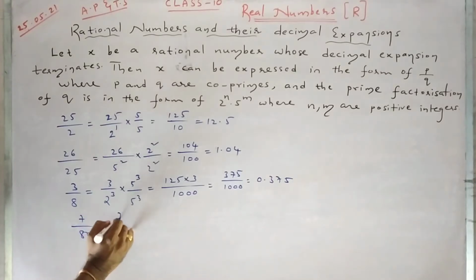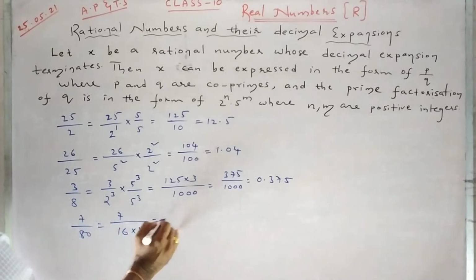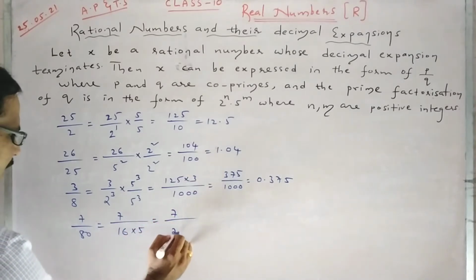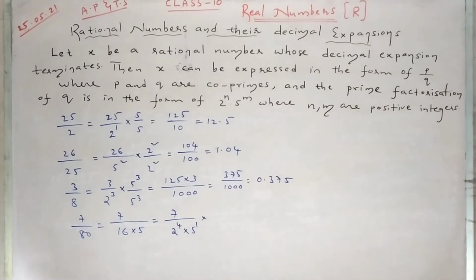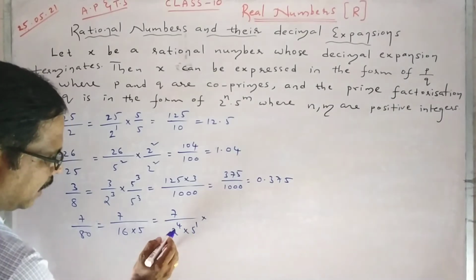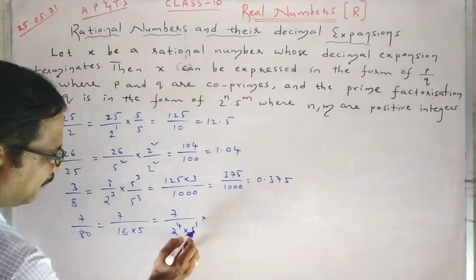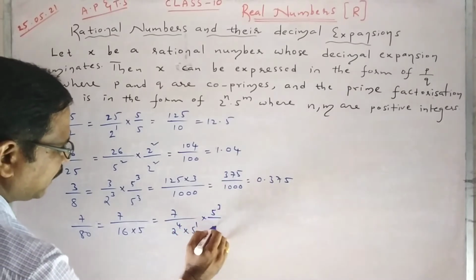Right? So one more example, 7 by 80. 7 by 80 means 16 fives, we can write. 7 by 16 can be written as 2 power 4 into 5 power 1. It is a terminating decimal surely, because there are only powers of 2s and 5s. Here 2 power 4 we have, here 5 power 1 is there. So we are missing 5 cubed by 5.